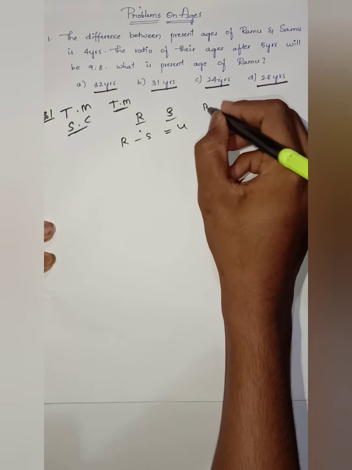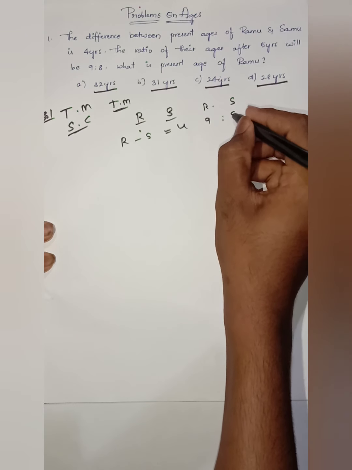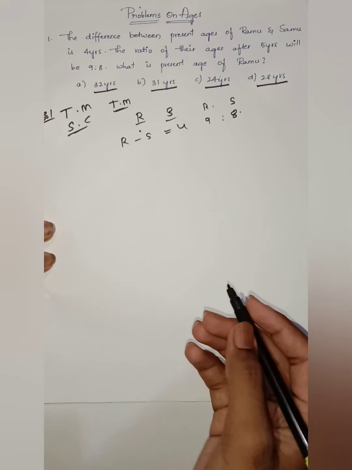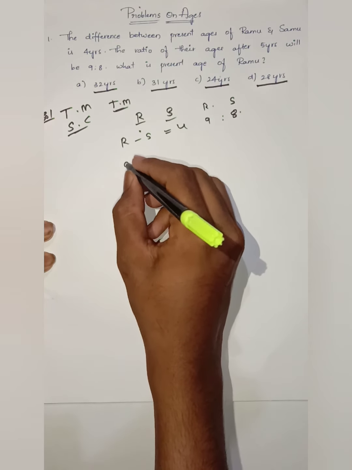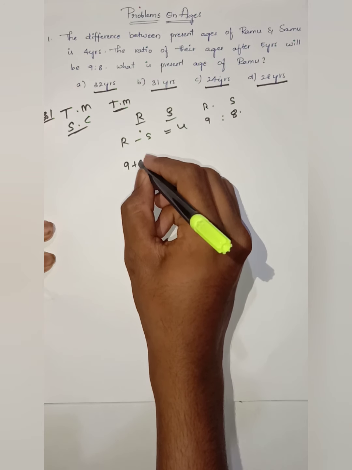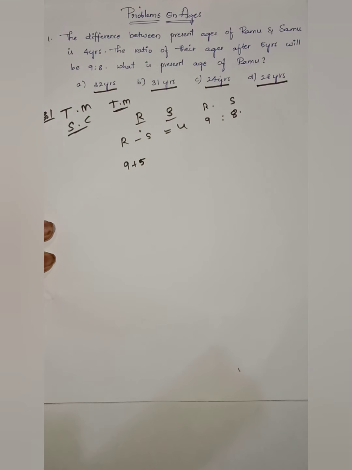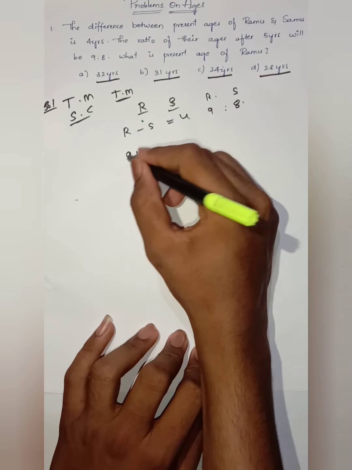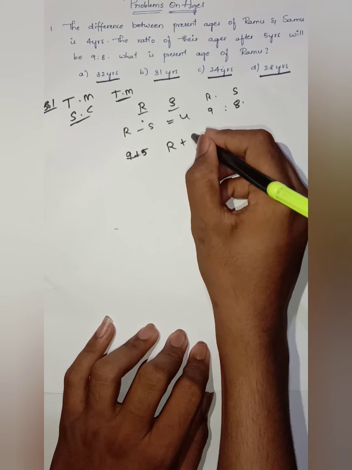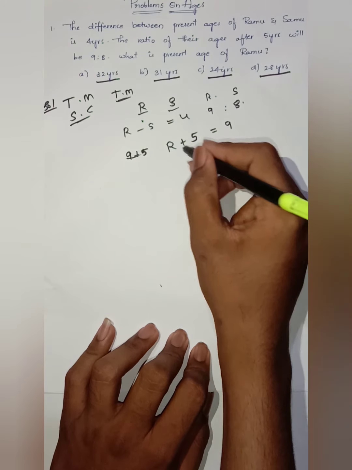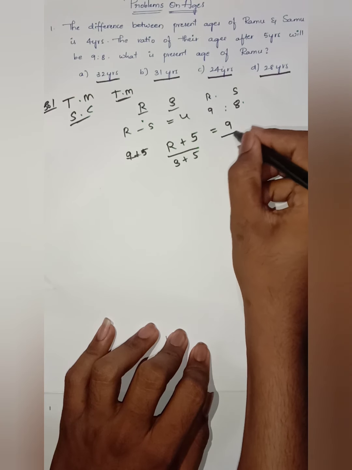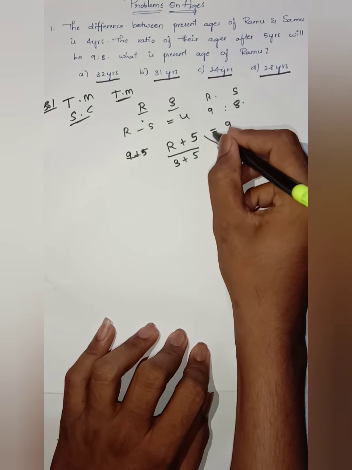So Ramu and Somu after 5 years, that means R plus 5 divided by S plus 5 is equal to 9 divided by 8. So cross multiply this.